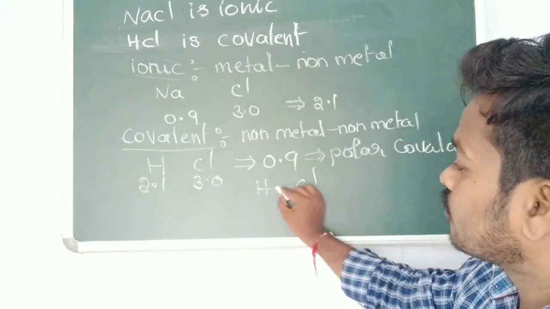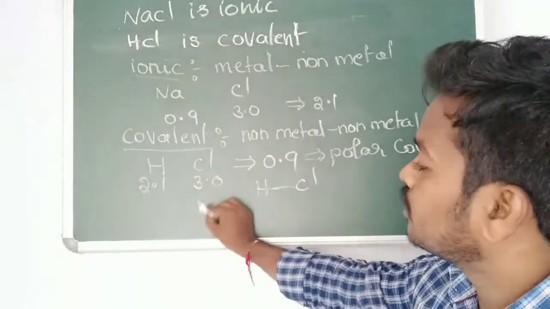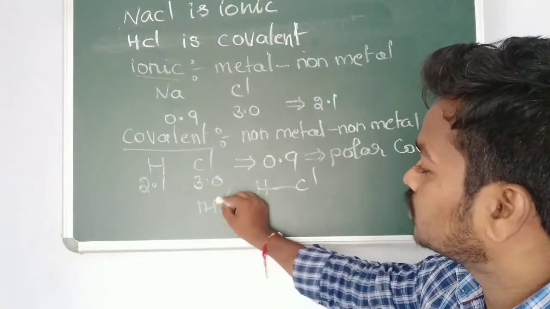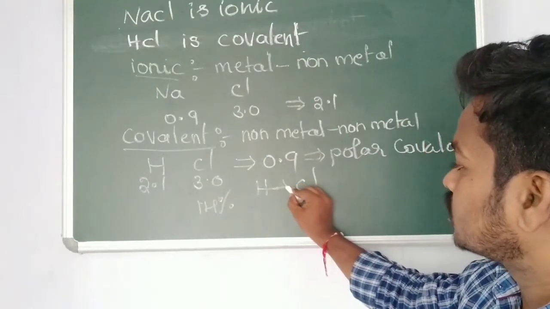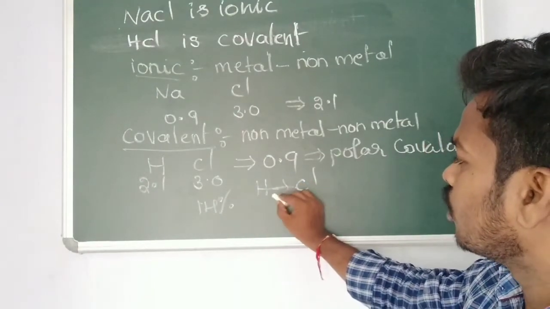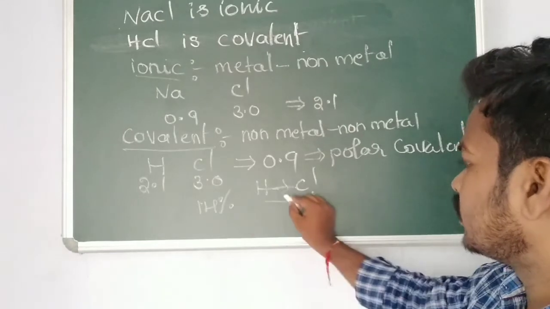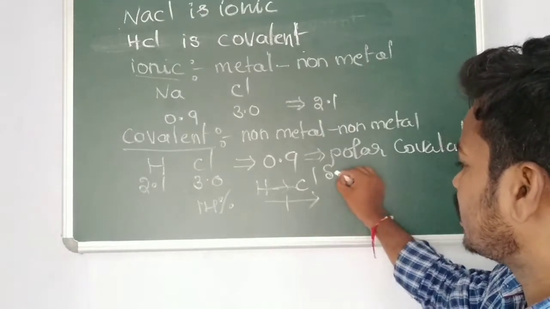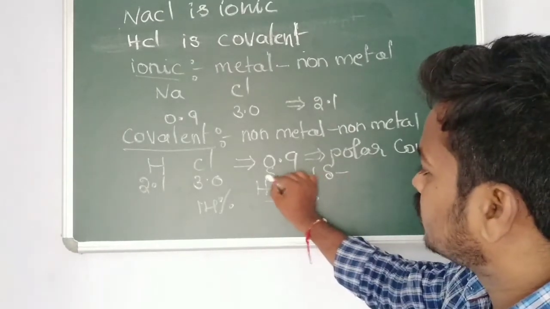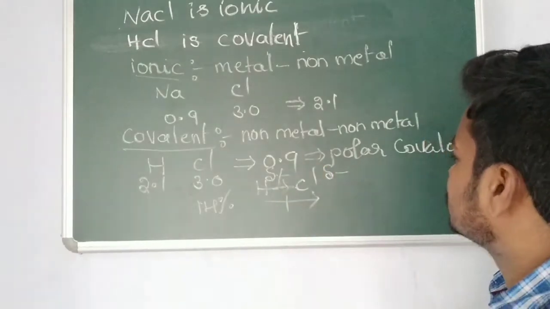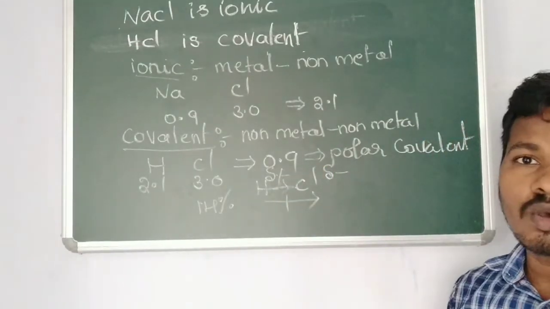So automatically almost 14% of the electron density from hydrogen will shift towards chlorine. That's why we show it like this. Partially, chlorine acquires a negative charge and hydrogen acquires a positive charge. That's why it is called a polar covalent bond.